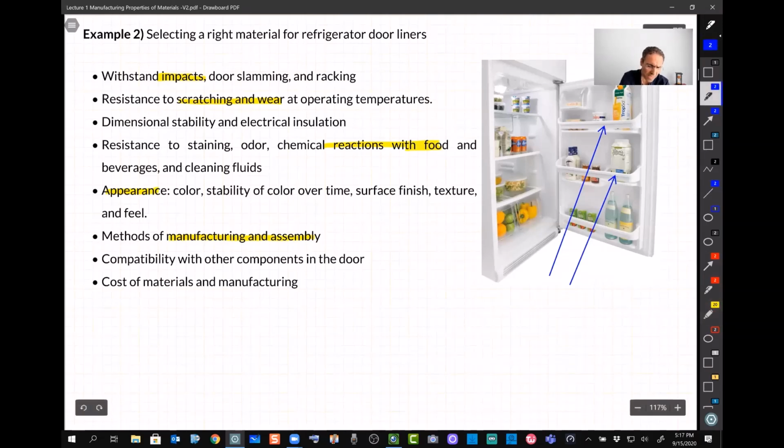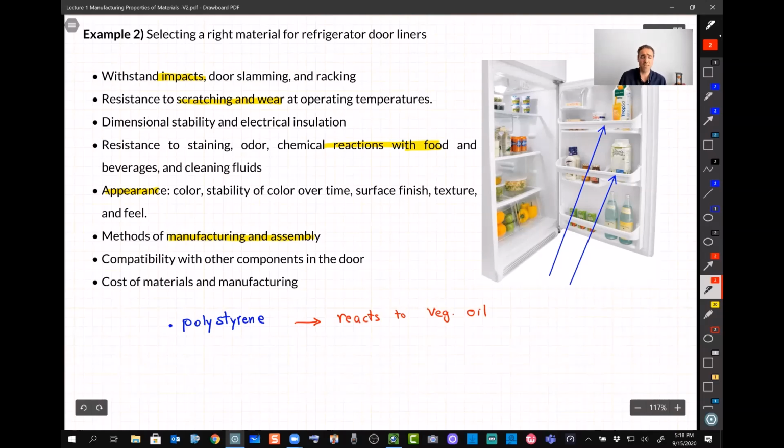So a good candidate for this one, after considering all of these, would be polystyrene, which is a kind of plastic, which shortly we'll discuss. And people in the past used to use this one until they found out that it reacts to vegetable oil.